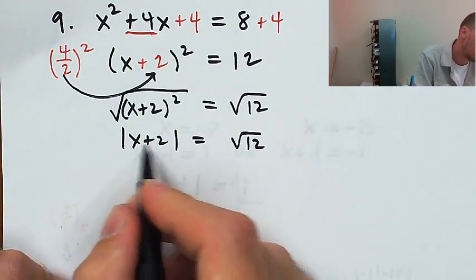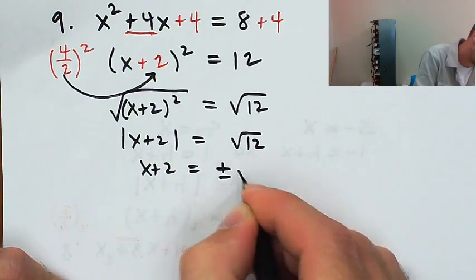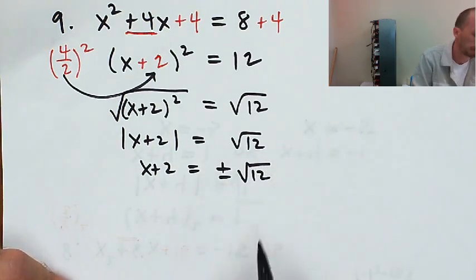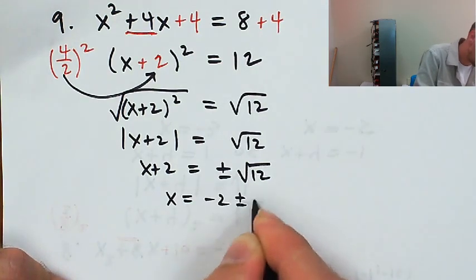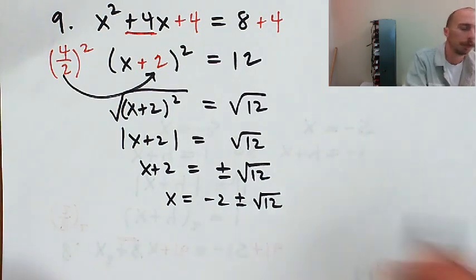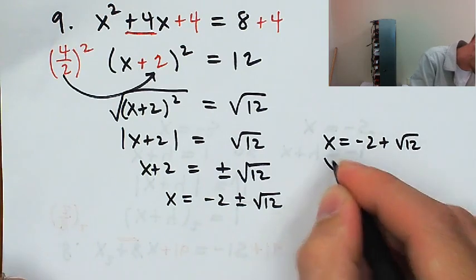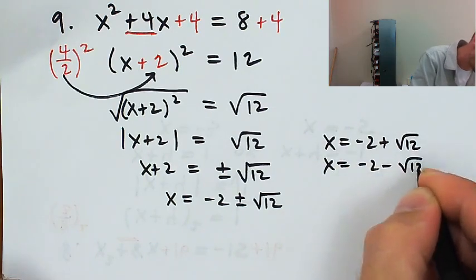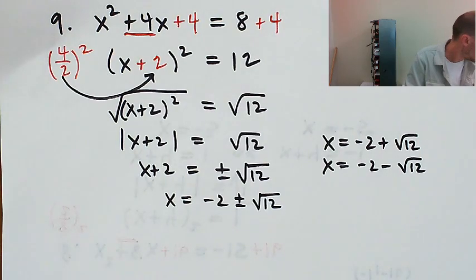Okay, if the absolute value of x plus 2 equals root 12, then x plus 2 itself is either positive or negative square root of 12. Okay, and then I'm going to subtract 2 from both sides. And then, okay, I've got two solutions. Negative 2 plus the square root of 12 and negative 2 minus the square root of 12. And that's great. All right, number 10.